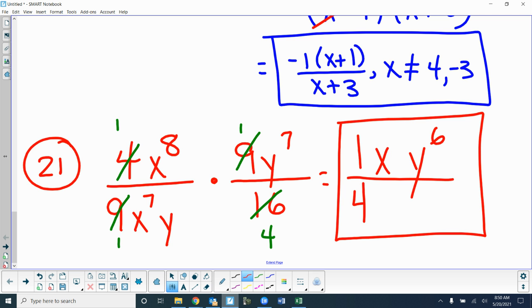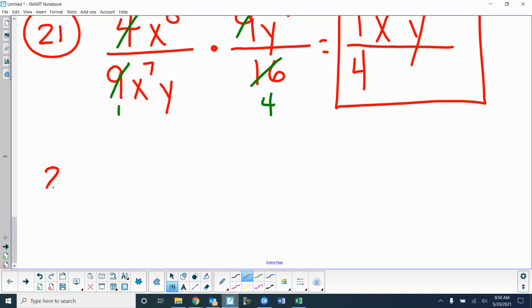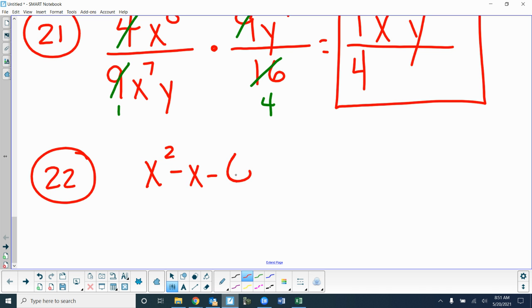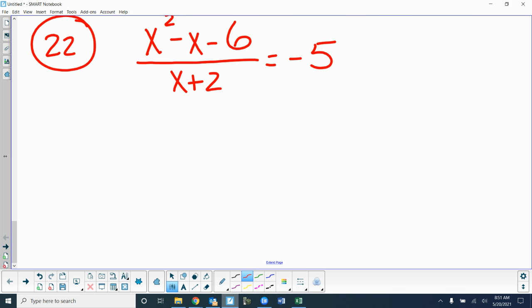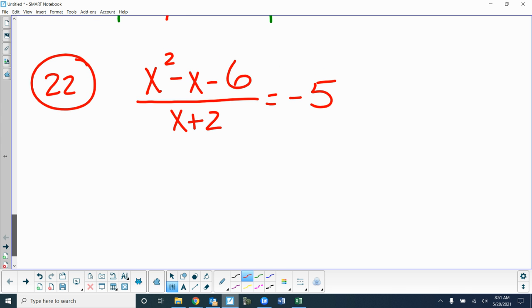22, we're solving this equation, okay? So what we do is we try to factor the numerator because we might be able to simplify this fraction. All right, so is there a GCF for that numerator?